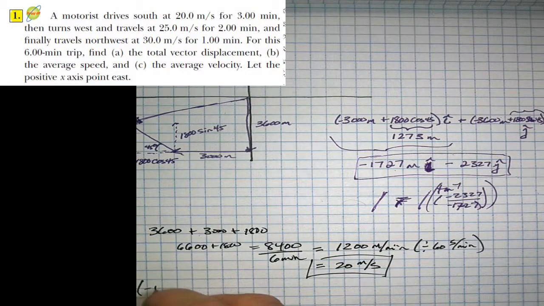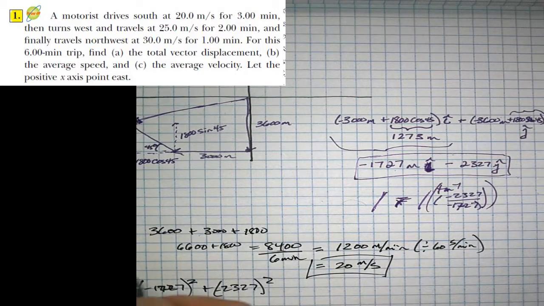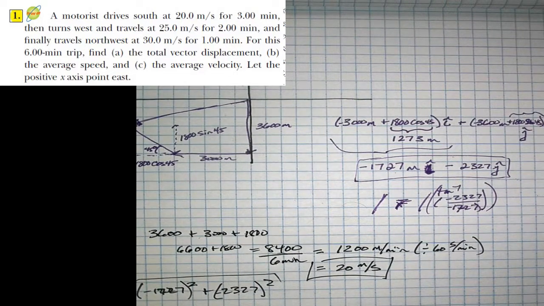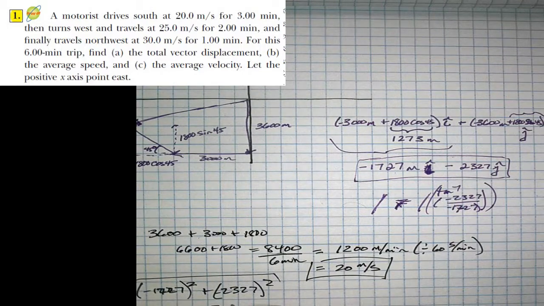So that's the negative 1727 squared plus 2327 squared, square root of all that, which equals about 2900 meters.